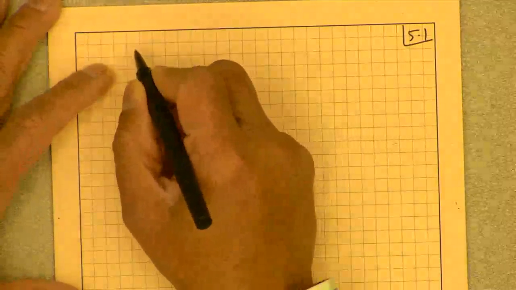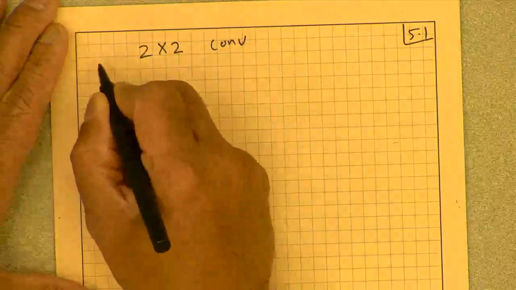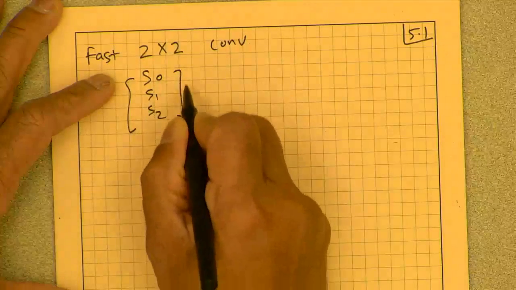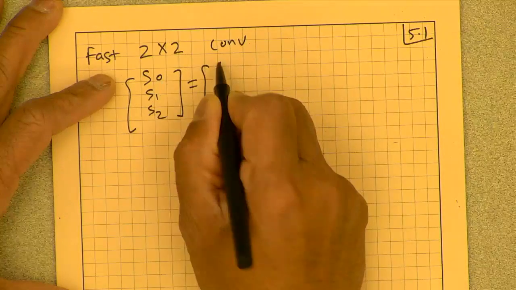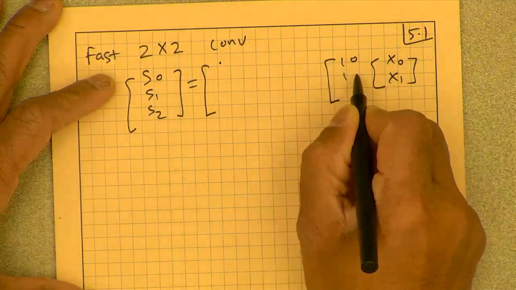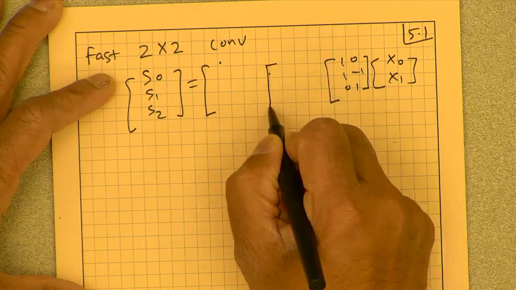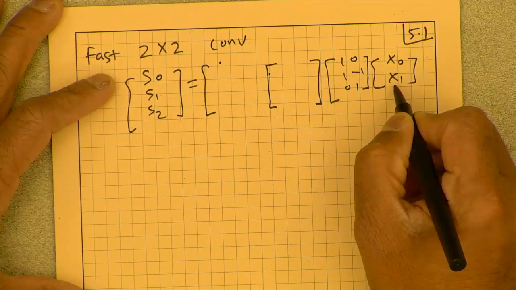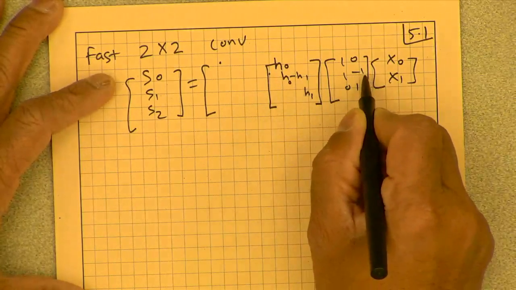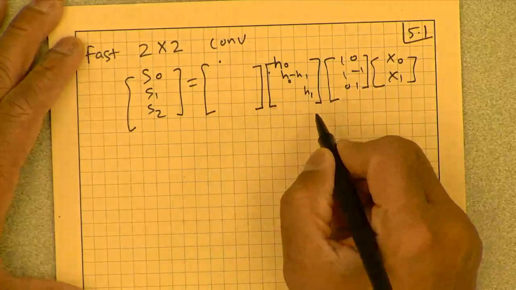Let's start with this. We are given the so-called fast 2 by 2 convolution algorithm that says the 3-point result S0, S1, S2 is equal to, we start with the 2-point sequence X, and then we compute x0, x0 minus x1, x1, then x0 multiplied by h0, x1 multiplied by h1, and x0 minus x1 multiplied by h0 minus h1, and then we group these.